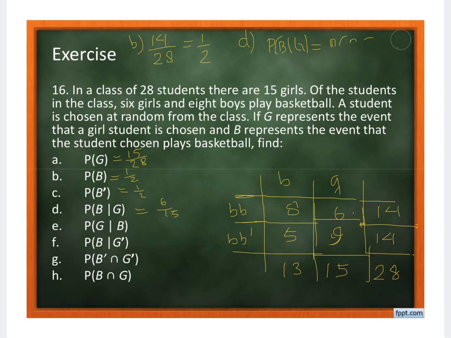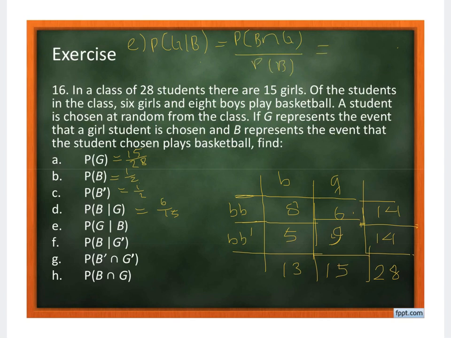Now E. Probability of E, probability of G given B. This probability is B and G over probability of B. 6 over probability of B, which is 14.